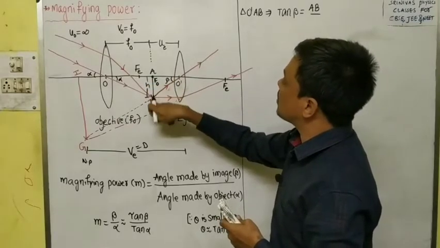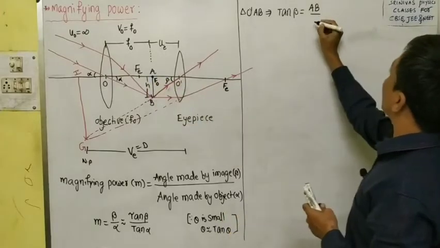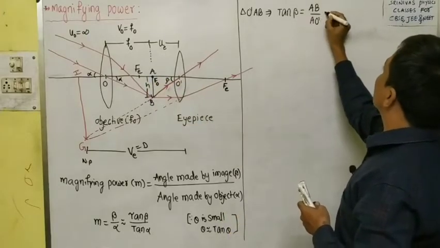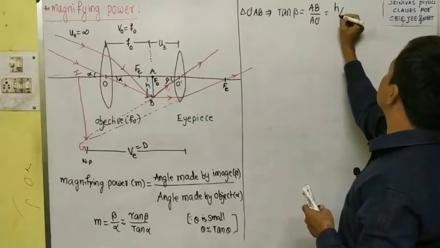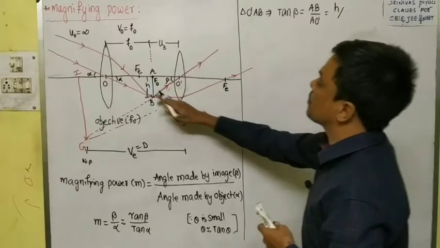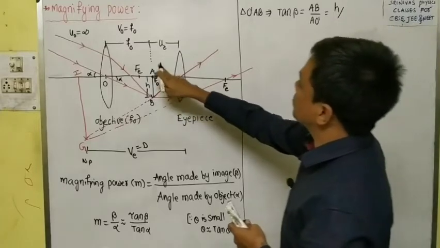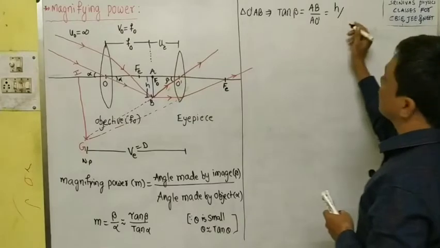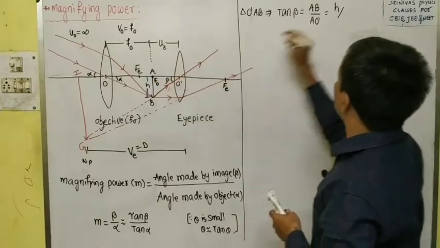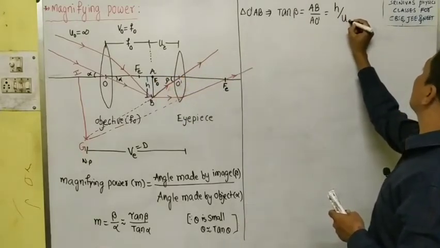Beta, tan beta is equal to AB by AO'. AB is H I am considering, and AO' is UE.